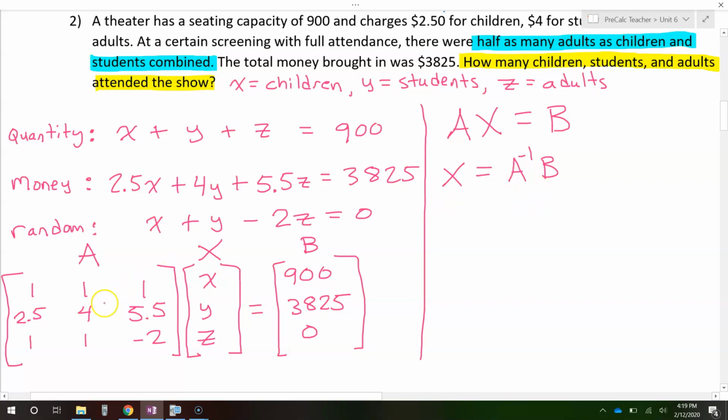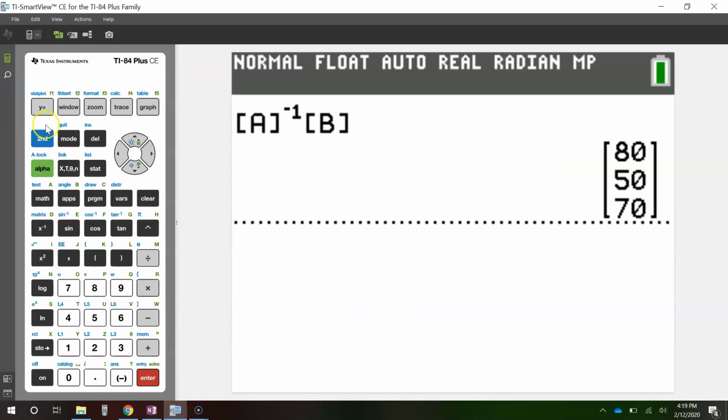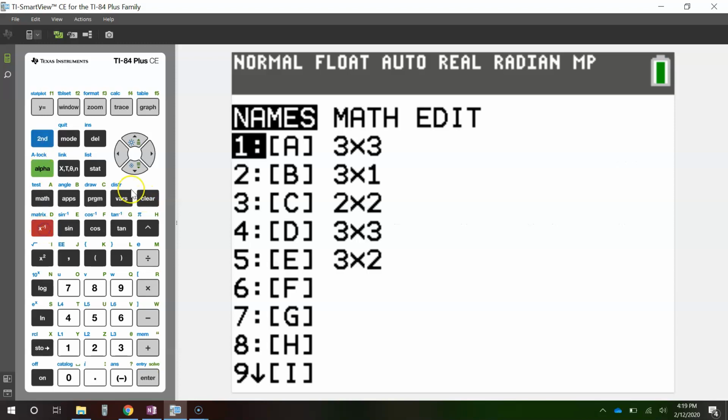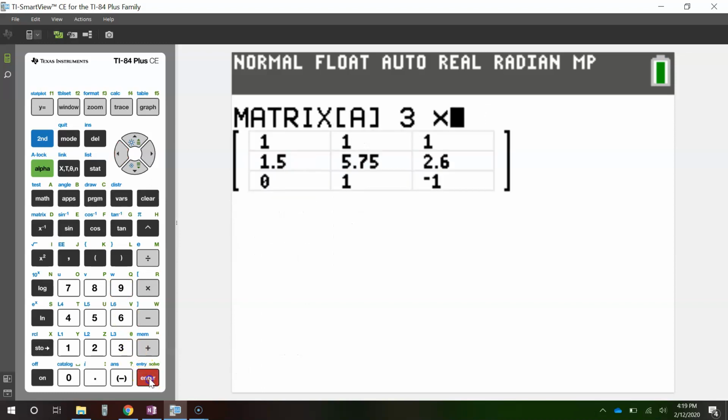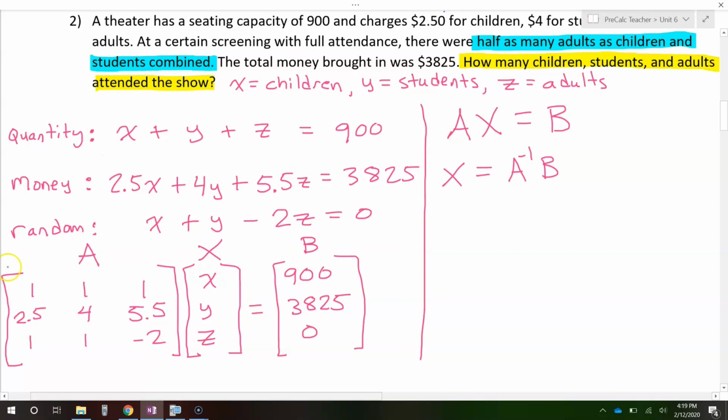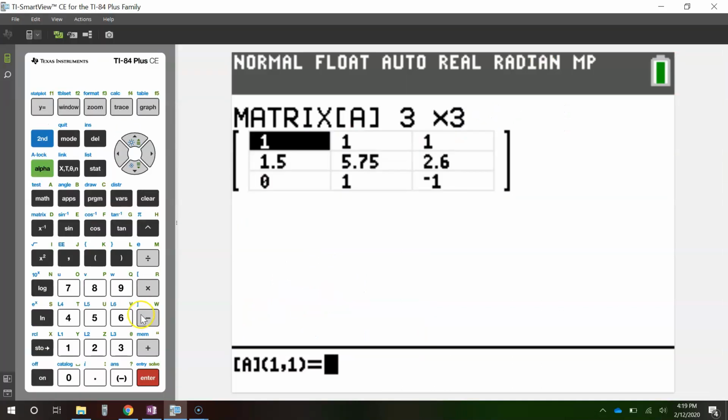So let's type matrix A and matrix B into the TI-84. We will go to the matrix area, go to the edit menu, and we will edit matrix A. Okay, so we have 1, 1, 1. So that part's going to stay the same.